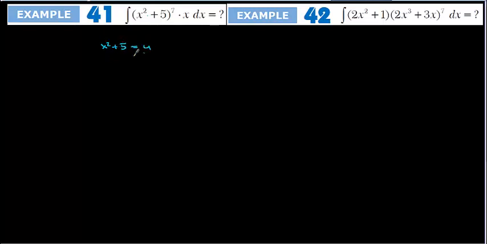So 2x dx is equal to du. But we have one problem here. That problem is we have x dx, but here we have 2x dx, but this is a coefficient, that's why I can send it to the other side as division, and x dx is 1 over 2 du.